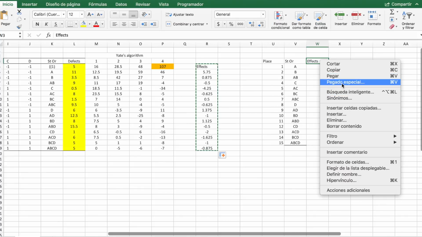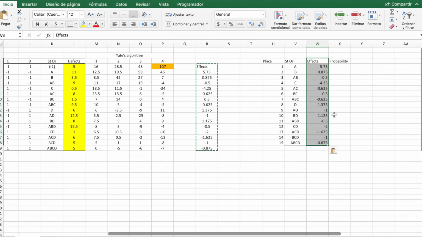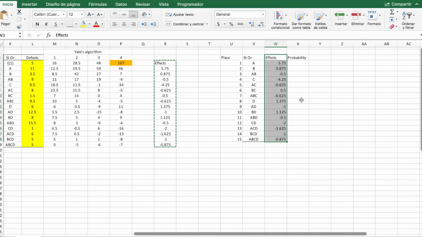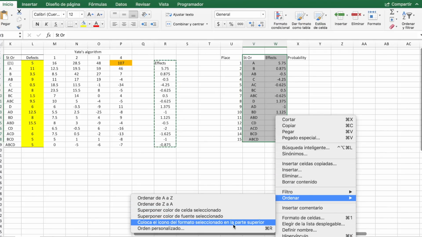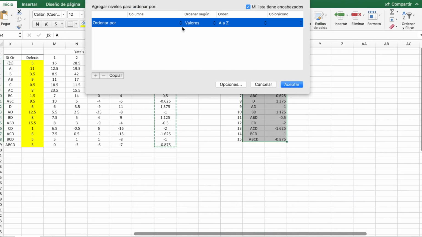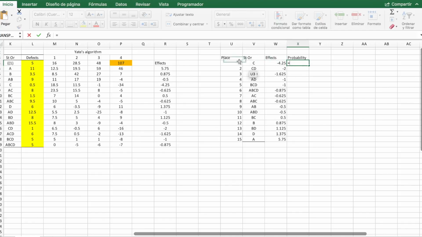Now that we have the effects, we make a table and paste the effects because we're going to graph them. We put place, standard order, and probability. Now we sort the effects from the lowest to the highest value, according to its letter as well. Then we calculate the probability next to it.